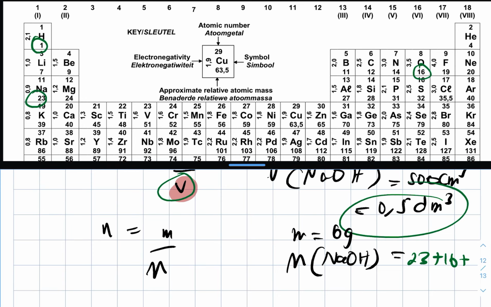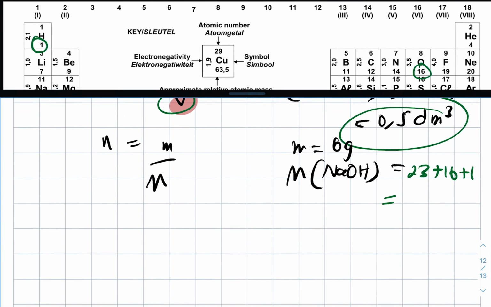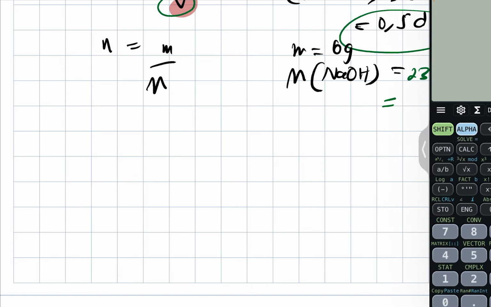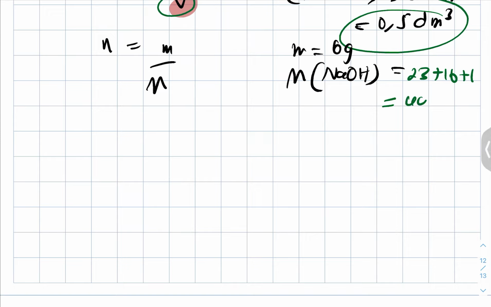Add those numbers together and they give you the mass of the compound sodium hydroxide. So 23 plus 16 plus 1 is going to be 40. So sodium hydroxide is 40 grams per mole, meaning that 1 mole of sodium hydroxide contains about 40 grams.